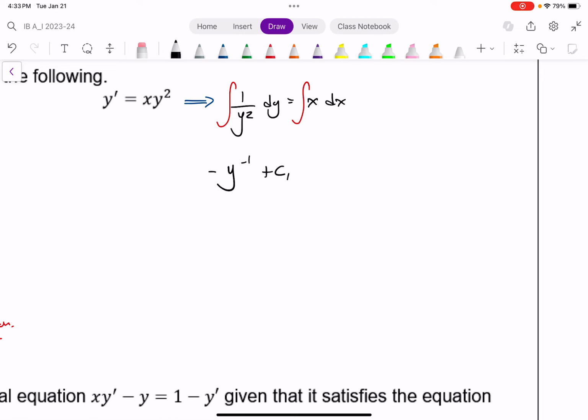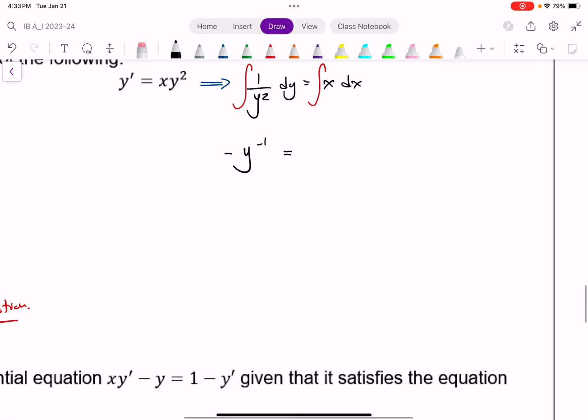I could say constant 1, but at some point, that's not really going to matter because on the other side, I have 1/2 x squared plus some other constant. I could call it constant 2, but I'll just put these two constants together, and I'll call it constant 1. That's it. I can denote it whatever I want.